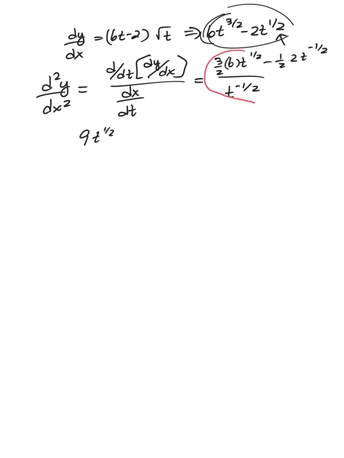I'm just dividing like this. I'm dividing both of these, okay? Minus negative 1/2 is just going to be 9t. And then when I divide the next part out, I literally end up with 1 minus 1. Okay, so the second derivative with respect to x is 9t minus 1.